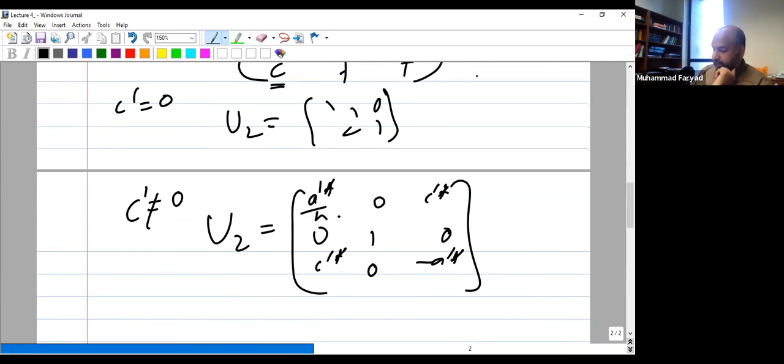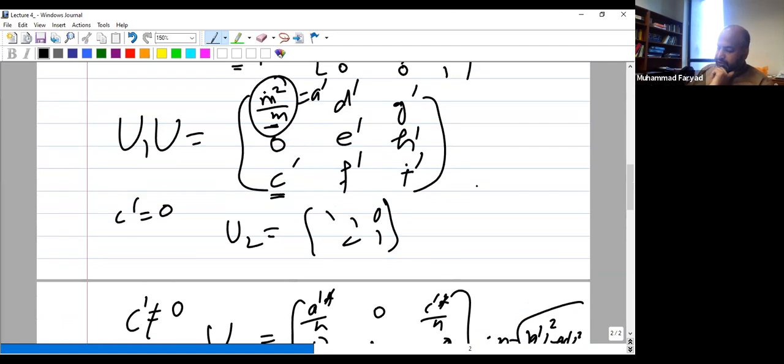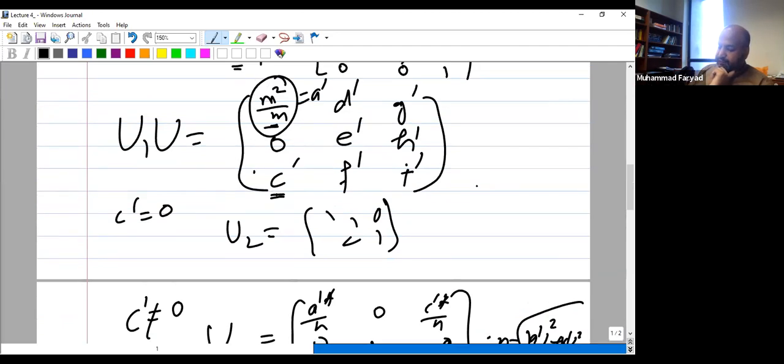And again, I'm dividing with some number N, where N is the square root of A prime square plus C prime square, so that all rows are normalized. Now, if I multiply this last row with this first column, the element corresponding to this will become 0.